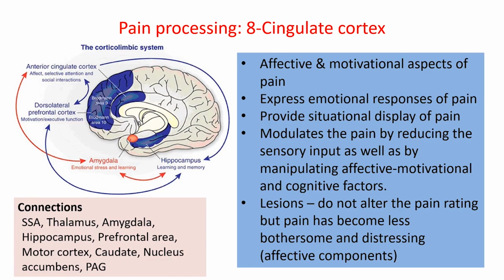And suppose you are in a painful condition, but because you have certain tasks to perform, you suppress that, and it is through this cingulate cortex. That is the motivational aspect, because you have an aim fixed to achieve.